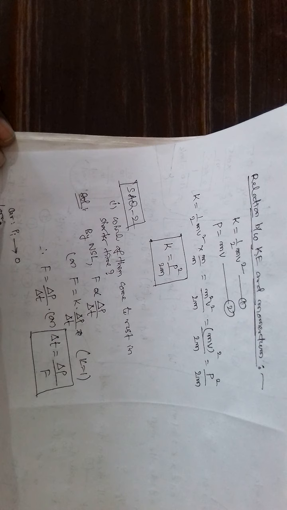Next, the lorry, its initial momentum is Pi dash, final momentum 0.